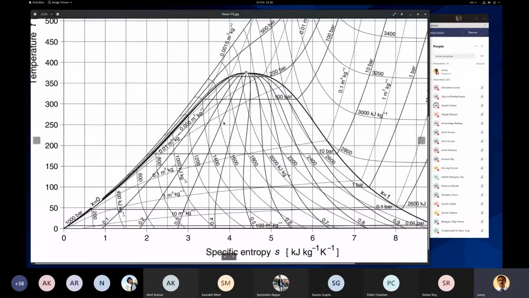So the proportion of liquid water and steam will change. You have to follow this constant specific volume line, which will tell you what happens when you heat up water in a closed rigid vessel. As you can see, the temperature will rise, the pressure will rise, and the proportion of steam finally will become 100%. After that, it becomes superheated.